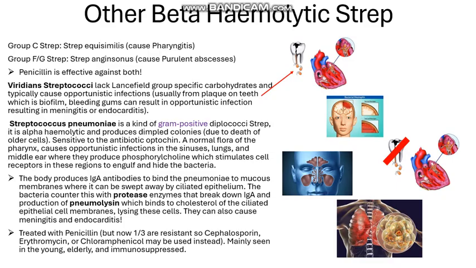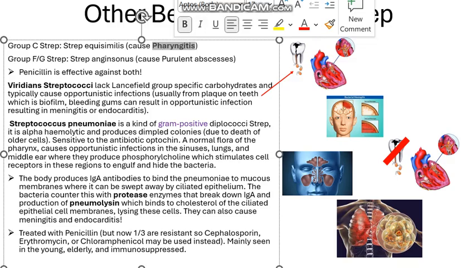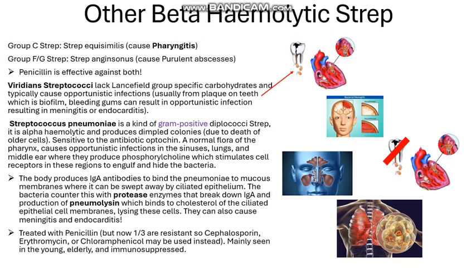Group C strep, for example, Strep equismilis. It causes pharyngitis, which we talked about before. It's just a sore throat infection. You have groups F and T streptococci, like Strep anguineus, which can cause a purulent abscess.